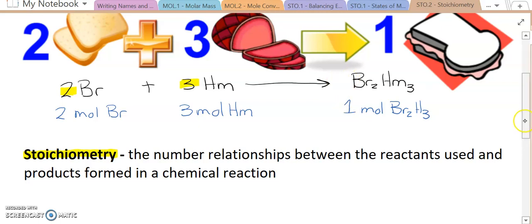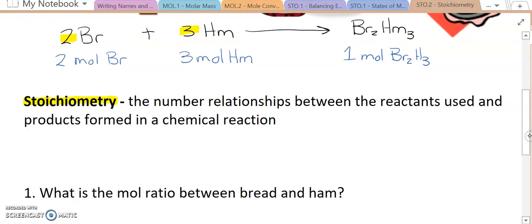So in chemistry, we come up with something that we refer to as a mole ratio. And a mole ratio is basically just a fraction. Oh, I know, bad math word. That compares any 2 parts of a balanced equation.